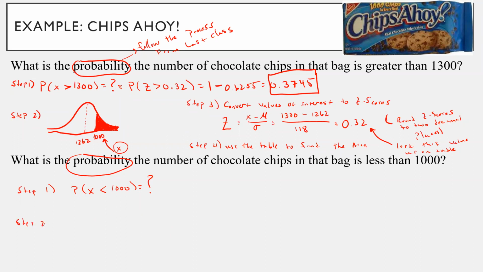I think this is the most important step. We know X, the number of chips in a bag, is normally distributed. We know on average you should get 1,262 chips. And I just want to find the probability that you have less than 1,000. So if it's a less than, you're going to shade to the left here.